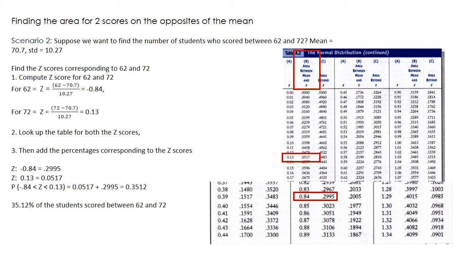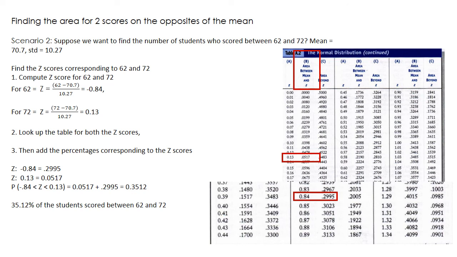So the proportion for the z-scores between negative 0.84 and 0.13 will be 0.0517 plus 0.2995.